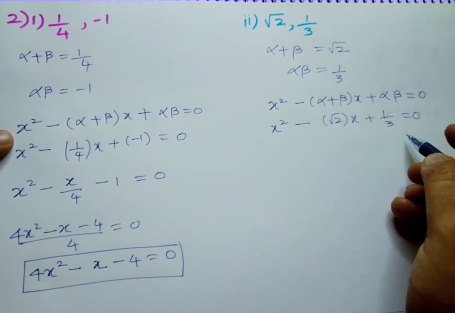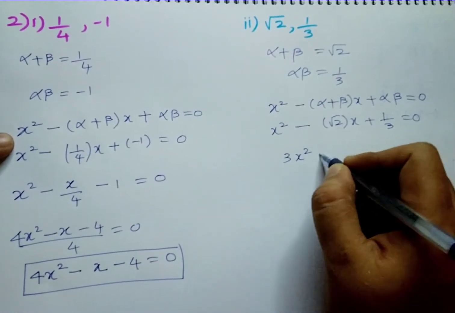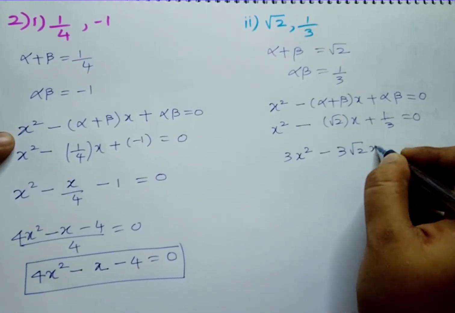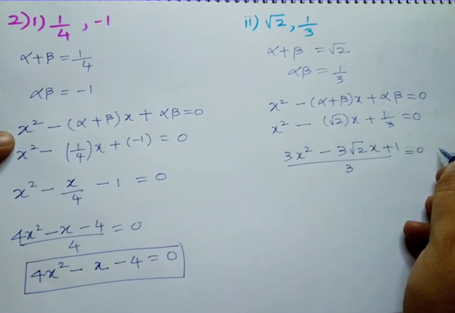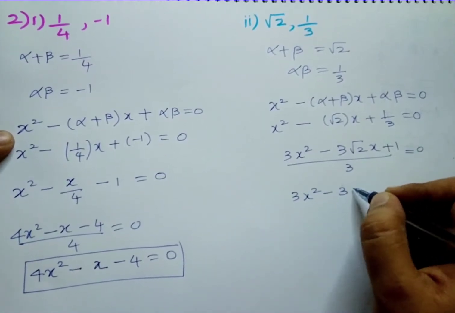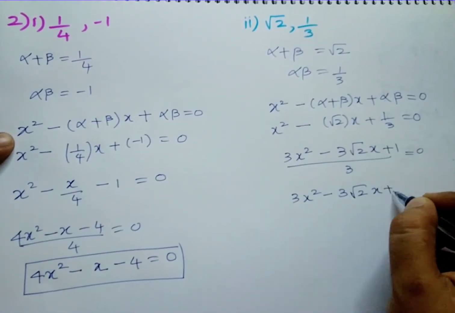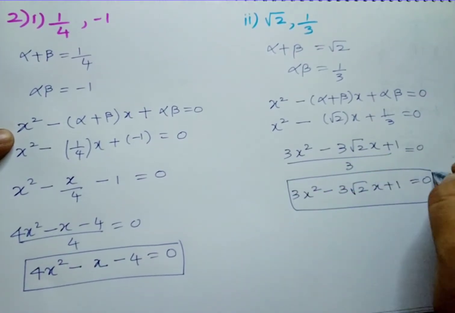When we take the LCM after multiplying minus and plus inside, it is 3x square minus 3 root 2x plus 1 the whole by 3. When we cross multiply, we get 0 on the right side. So 3x square minus 3 root 2x plus 1 equal to 0 is the required equation.